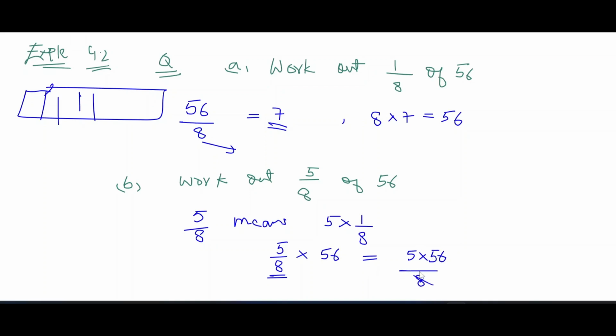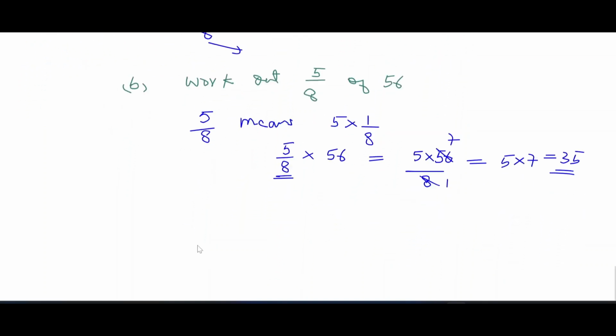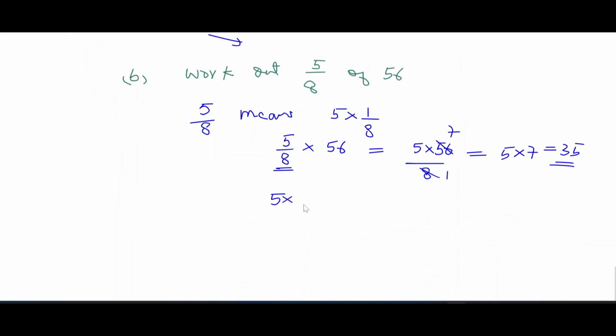56 divided by 8, we will get 7. Now 5 times 7, it's 35. Or you can write like this: 5 times 56 is 280, and divided by 8, we want 280's eighth part.